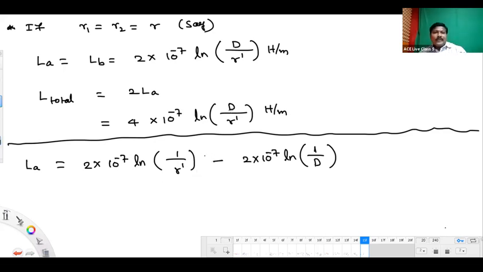2 into 10 power minus 7 ln of 1 by R dash, minus 2 into 10 power minus 7 ln of 1 by D, in terms of Henry by meter.